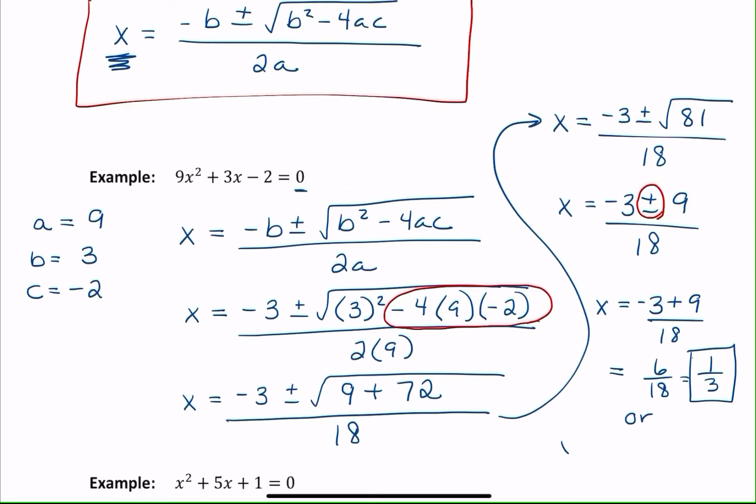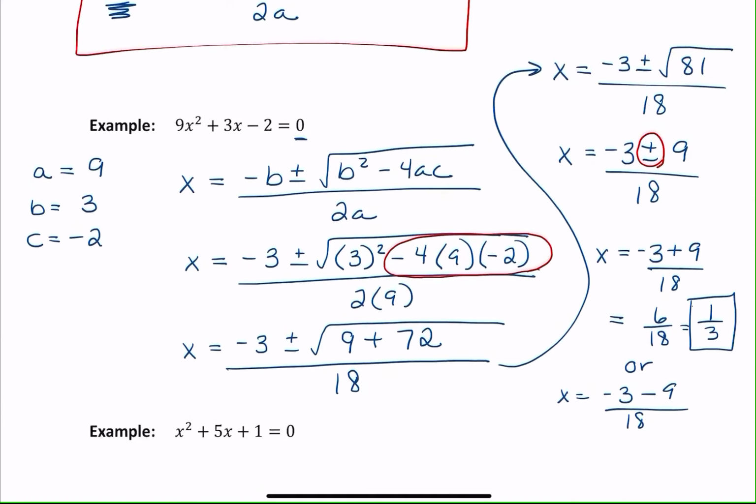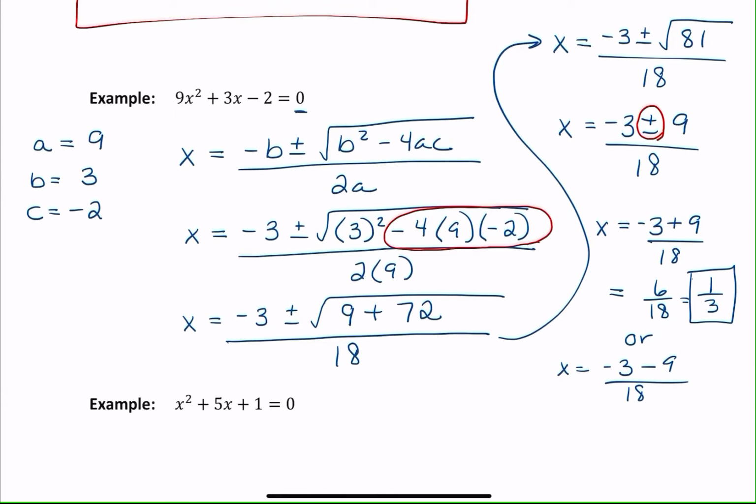But then you also have x equals negative 3 minus 9 over 18. So that's going to give you negative 12 over 18, which will reduce to negative 2 over 3. So don't forget your plus or minus. That's going to give you two solutions. So you need to work out both of those separately.